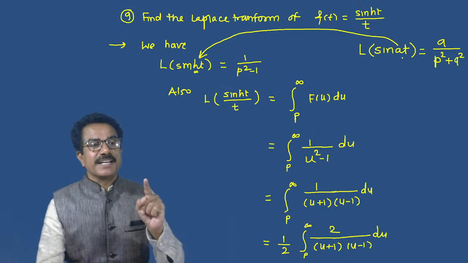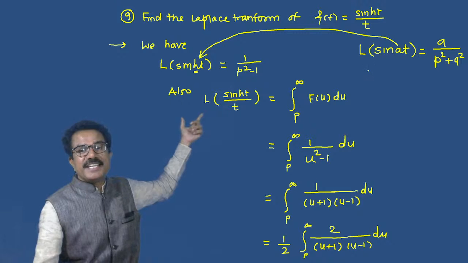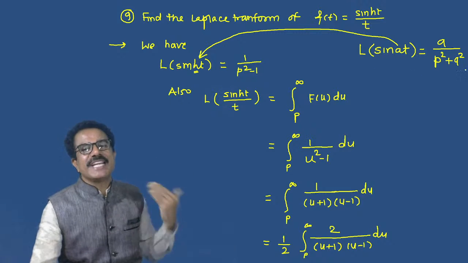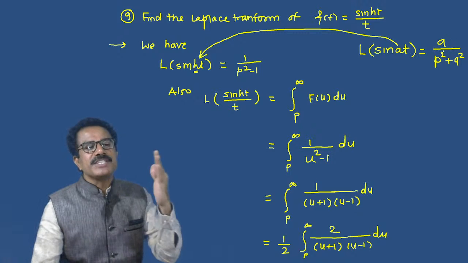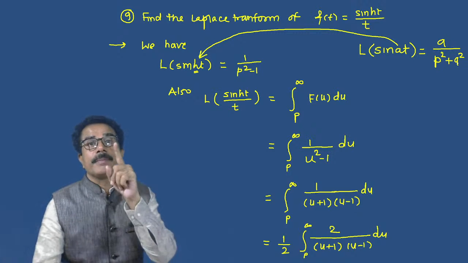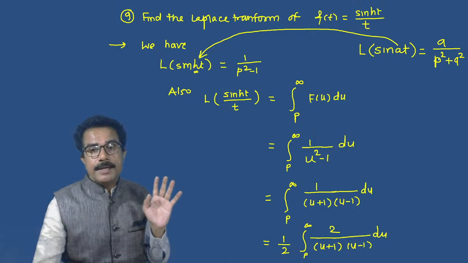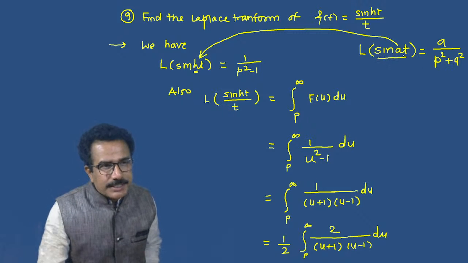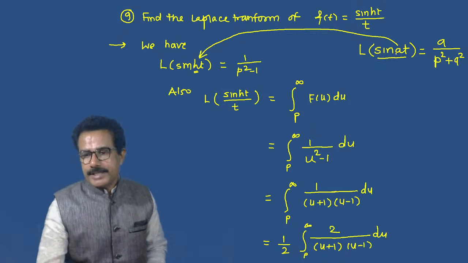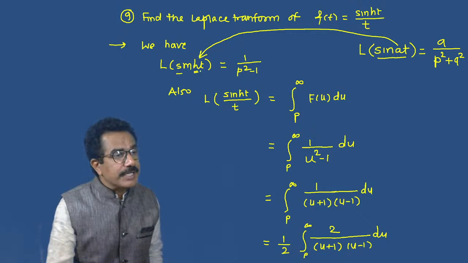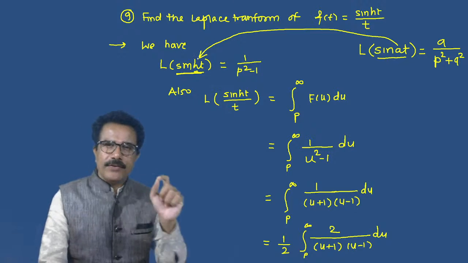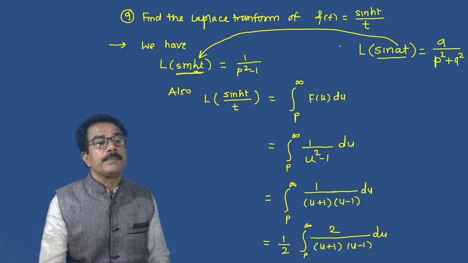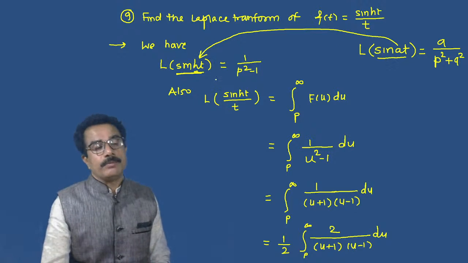If we consider here in this case a is h, then we will get the result sin ht is equal to h divided by p square plus h square. But that is completely wrong, because this function is a trigonometric function, the sine function, and this function is a hyperbolic function. Here h stands for hyperbolic, so you don't confuse these two formulae.